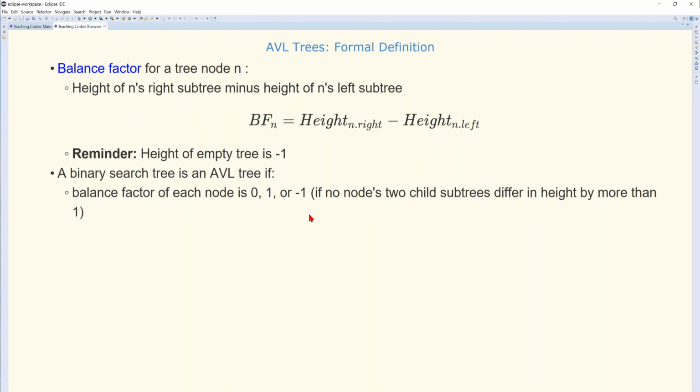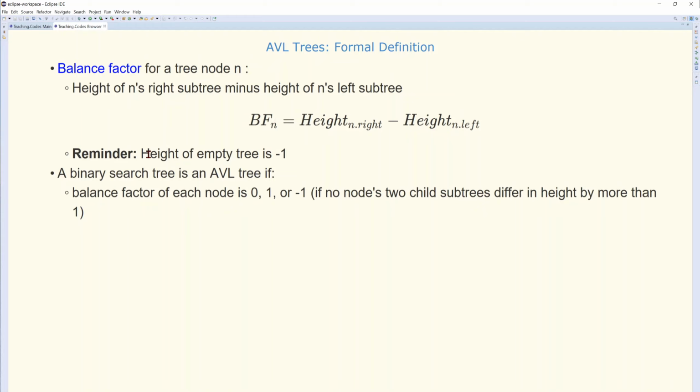So we will first define the concept of balance factor to discuss how we do balancing. The balance factor is, for each node n, you take the height of the right subtree and subtract the height of the left subtree, and you will find the balance factor of that specific node.